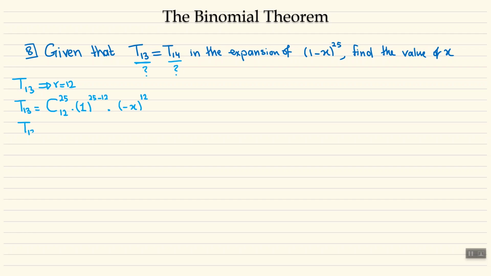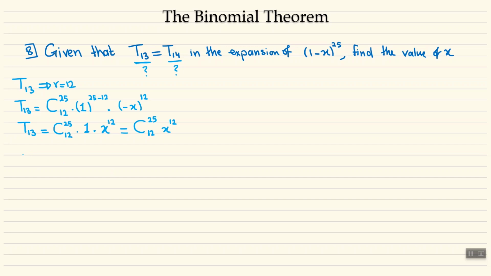Say T13 equals combination 25, 12 times 1 to the power of whatever is 1, times minus x to the power of 12. If there is a minus and it has an even power, it becomes plus. So you only have x to the power of 12. So it's equal to combination 25, 12 and x to the power of 12. Okay, so you can say that this is T13.